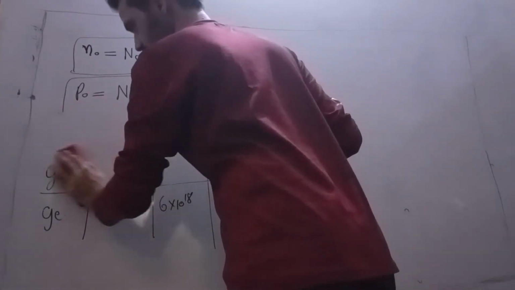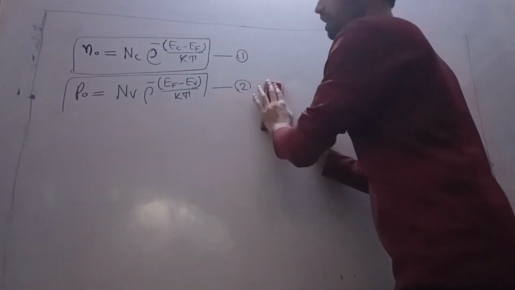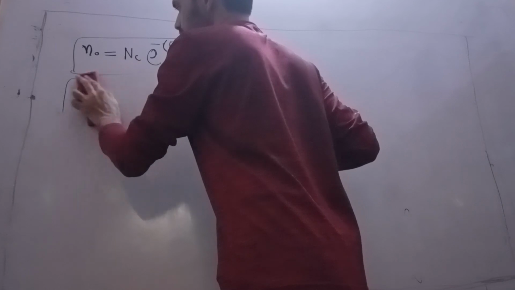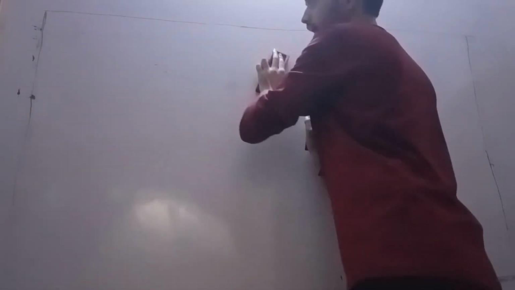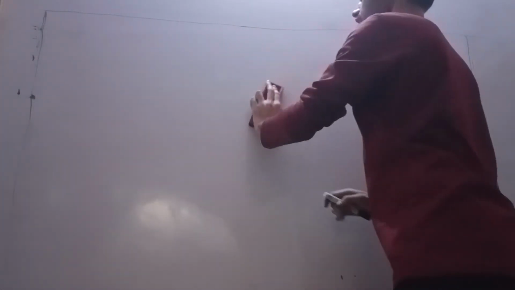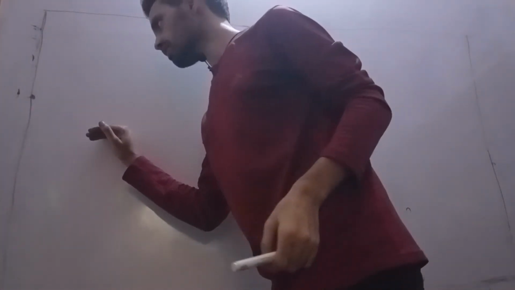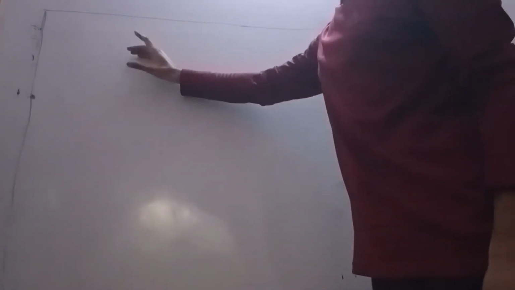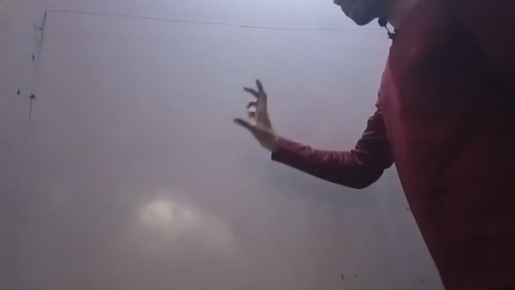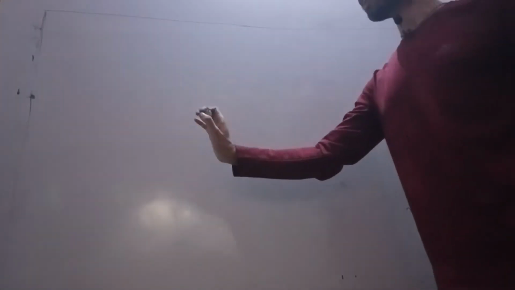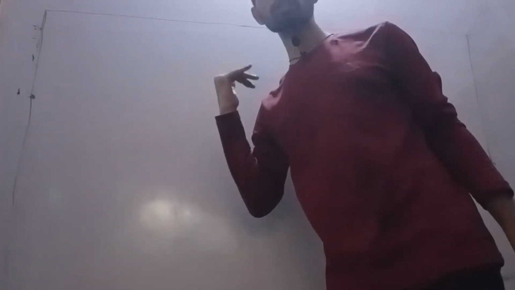The assumption is that the Fermi energy level lies within the energy band gap, and the approximation is valid only when the gap between the top of the valence band and the Fermi energy level, and between the bottom of the conduction band and the Fermi energy level, is at least 3 times kT. Then only the Boltzmann approximation is valid.